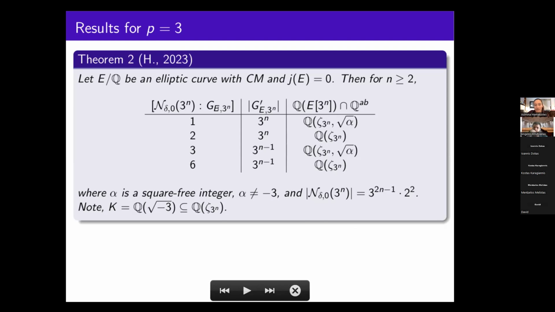Like if the image has index 1 in the normalizer, then that means the image has this size. If the commutator subgroup has size 3 to the n, you can divide that by 3 to the n and check that you actually get the size of this extension over Q. So the reason you're not seeing any k's here is because k is just contained in Q adjoin the roots of unity. So that doesn't come up, but you could write this, I guess, as k adjoin those things.